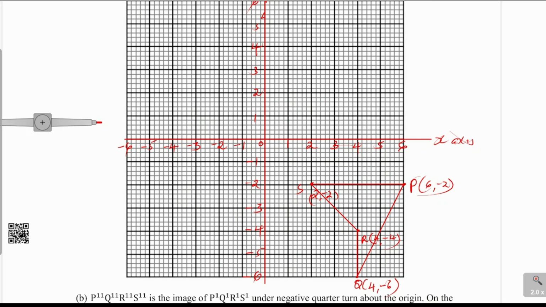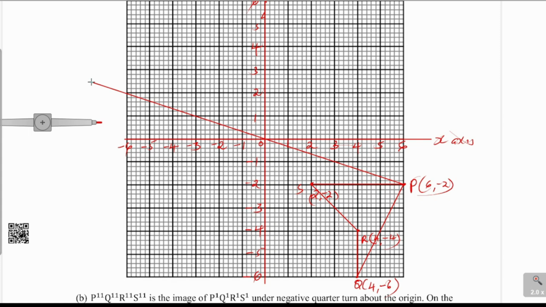We start with P. You join P to the center of enlargement using a straight line like that. The scale factor of enlargement is -1/2.